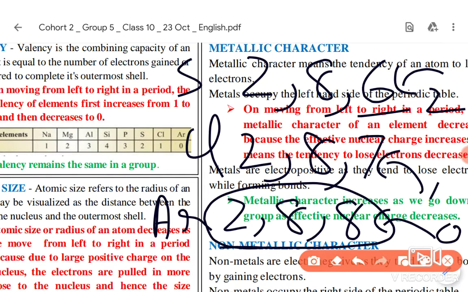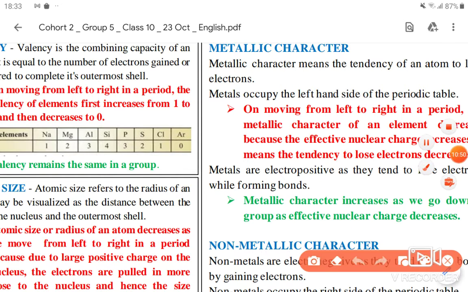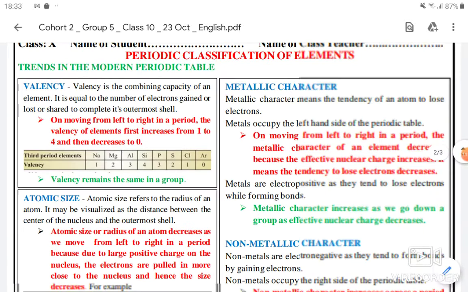So you can easily see the valency increases from 1 to 4 and then decreases from 3 to 0 in a period. That is written here. So you have seen by the example what is happening.